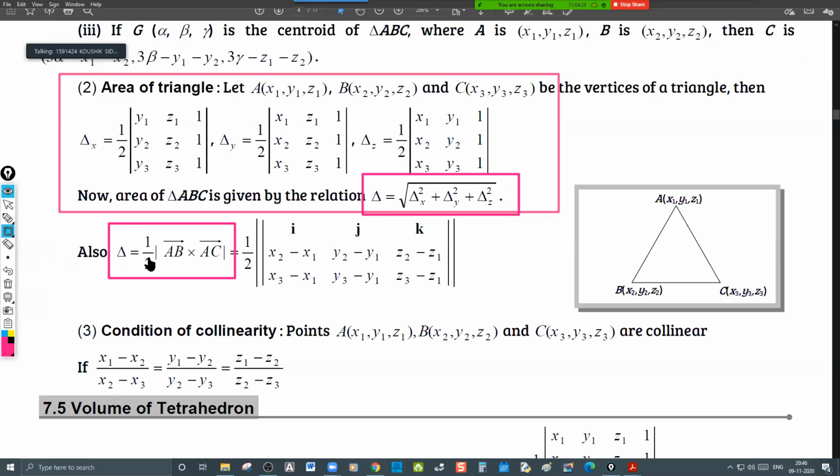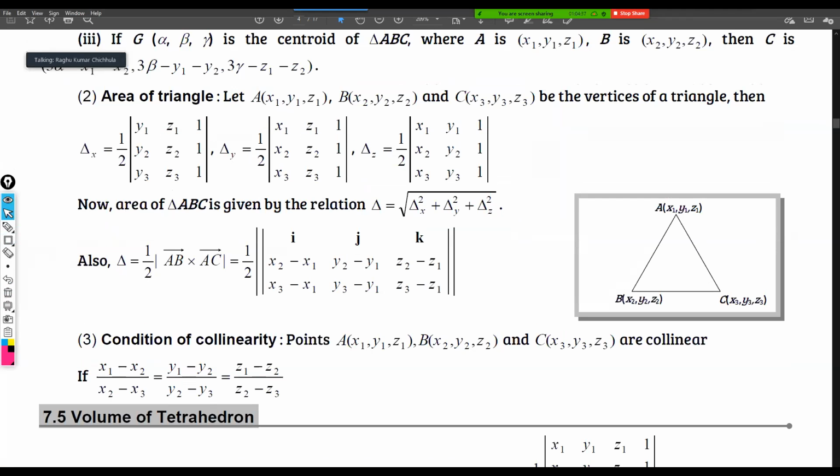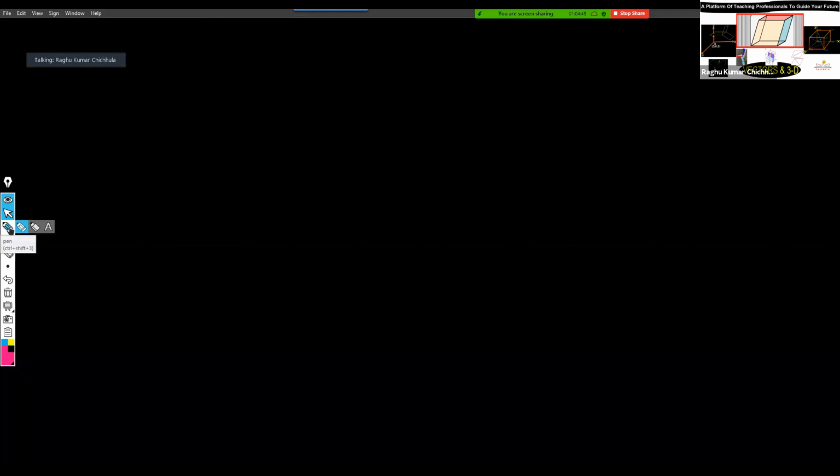That is the reason why I put the heading as vectors and 3D. In our state board, it is given as one paper in vectors, in the algebra part, and three-dimensional geometry in the second part. It's not like that. Vectors and 3D, both are same.